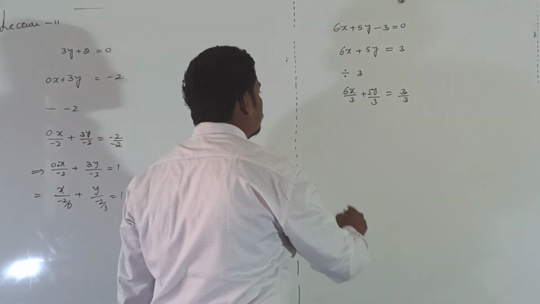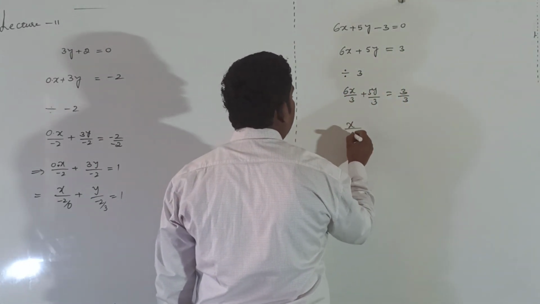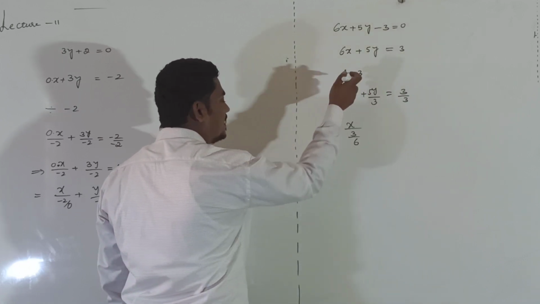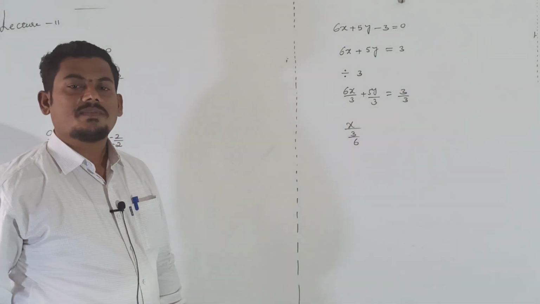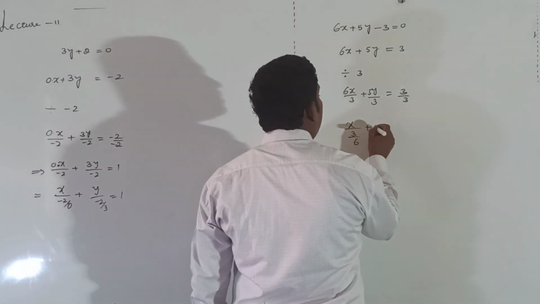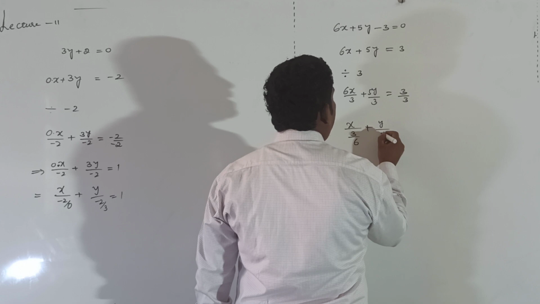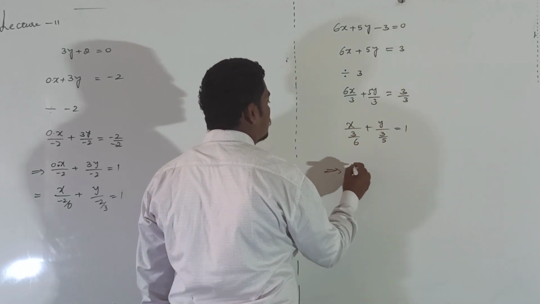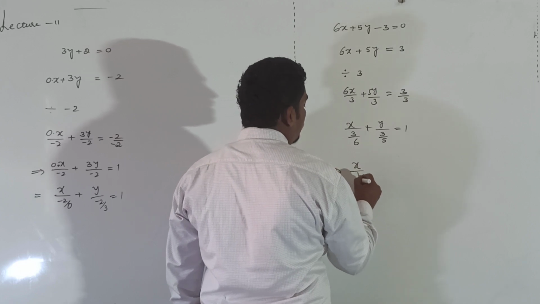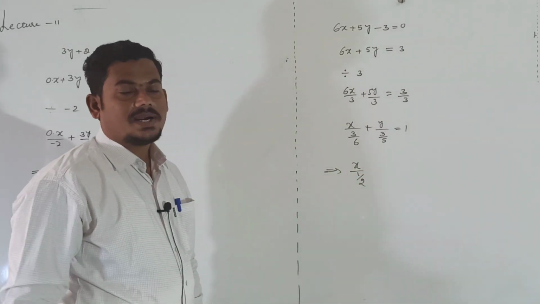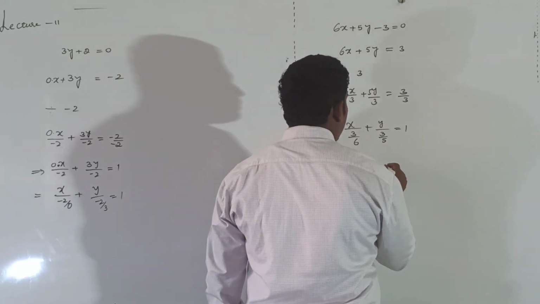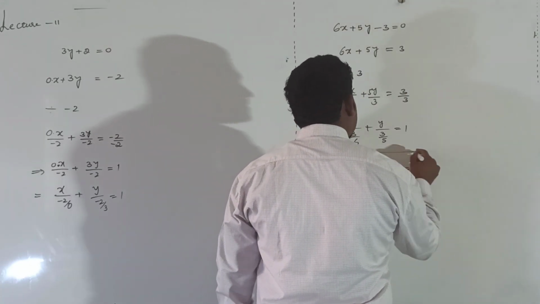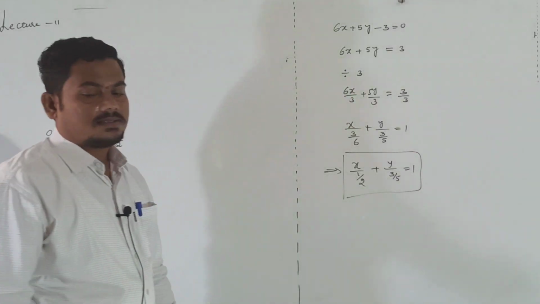After that x/(3/6), making the coefficients of x and y as 1, plus y/(3/5) equals 1, right? Then x/(1/2), since 3 divided by 6 is 1 by 2, plus y/(3/5) equals 1, which is the intercept form of the given line, right?